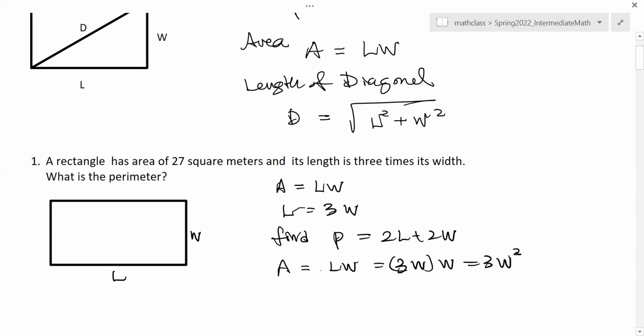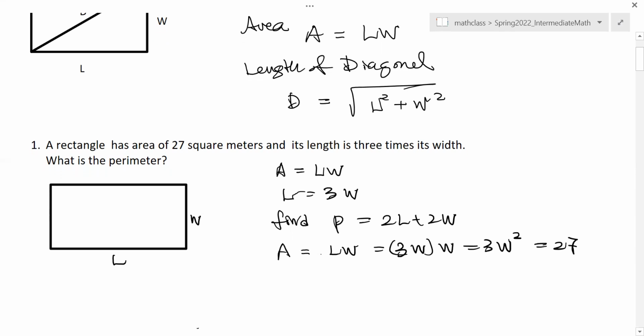So you can express the area in terms of 1 variable, W. Then this is going to be 27, so now you get a simple equation: 3W squared equals 27. So W squared equals 27 divided by 3, which is 9.